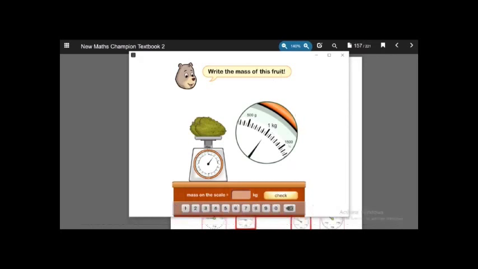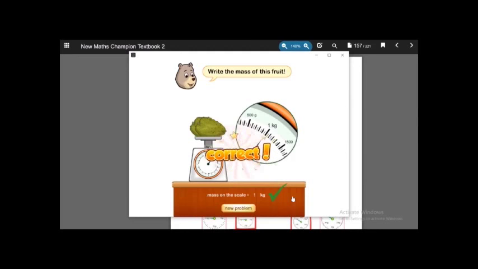So in this digital interactive, as you can see here, we can measure the mass using the weighing machine. By taking a look at the scale, we can know how many kilograms it is. So let's answer 1 kilogram and then check the answer. Yes, we got it correct.